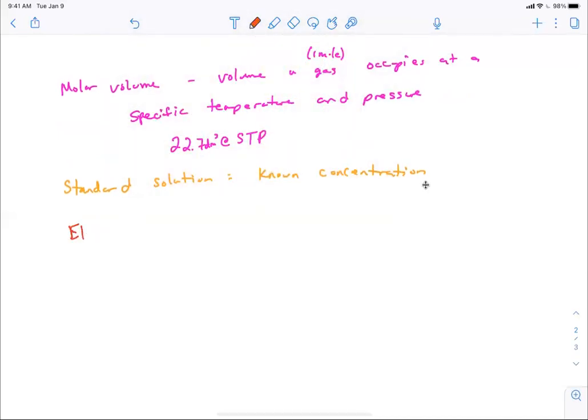Another one is an electrolyte. I think we don't use this word as often, even though it is self-explanatory. You want to make sure you're speaking clearly about it. An electrolyte is a solution that conducts electricity due to the presence of ions.